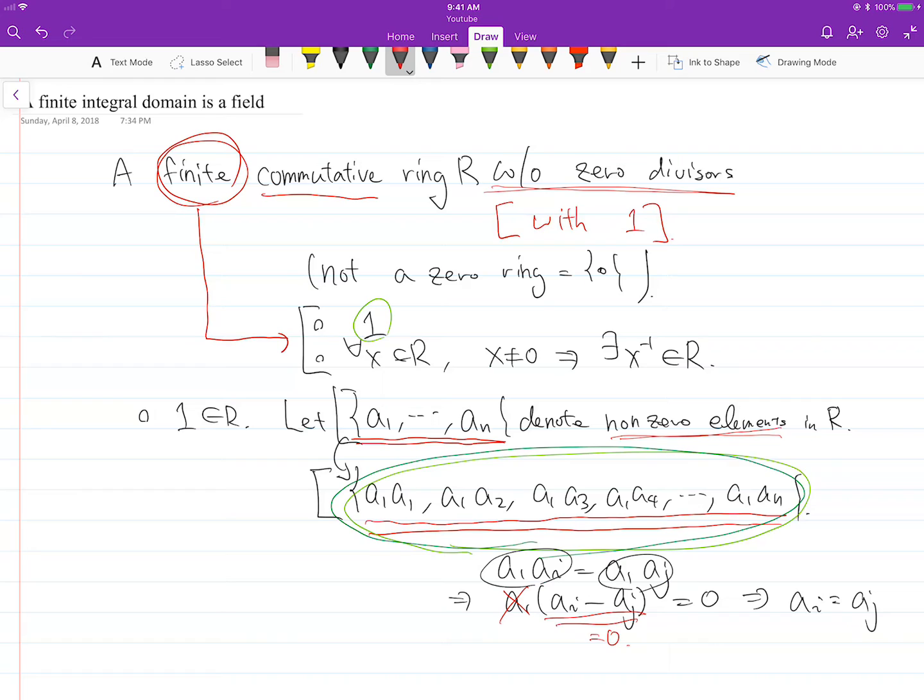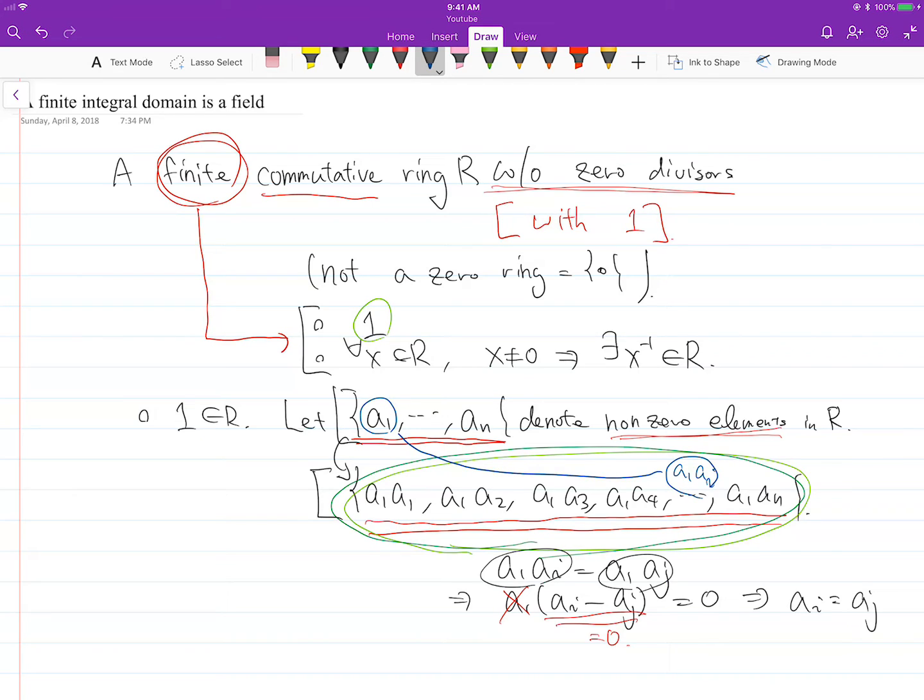Then there's an element somewhere here, a_i, and this element has to equal a_1.